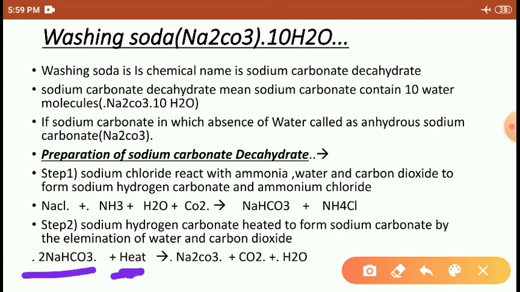Right, students? In the last chapter we discussed the endothermic reaction. So sodium bicarbonate on heating forms sodium carbonate, carbon dioxide and water. Right, students?